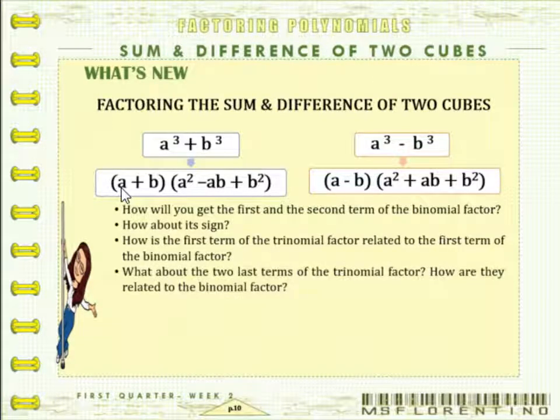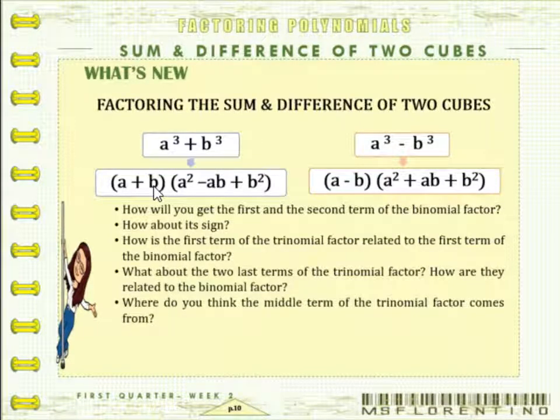What about the last term of the trinomial factor? How is it related to the binomial factor? The last term of the trinomial factor is also the square of the second term of our binomial factor.